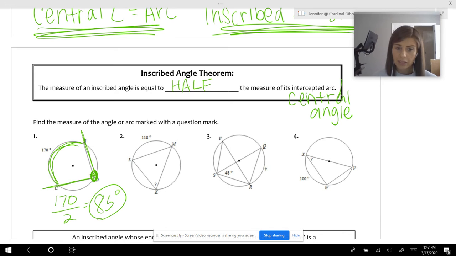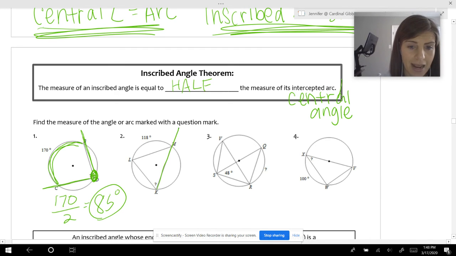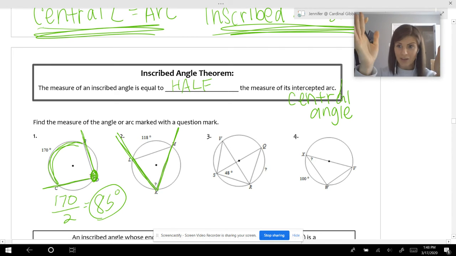So number two looks a little bit more complicated because it has the triangle there, but keep in mind that a triangle is just that, three angles. So when you have that triangle, it's just creating three inscribed angles. So we're looking again for the measurement of an inscribed angle, this angle here. Sometimes it helps if you extend those sides out like I'm doing.